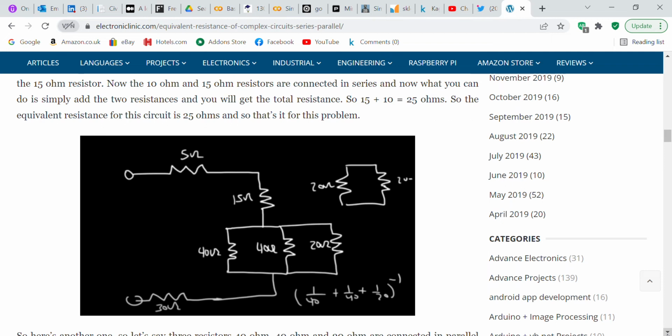And so you've got a 5 ohm resistor and a 15 ohm resistor and a 30 ohm resistor, and this parallel circuit that you have converted to a series resistance. After you have converted this parallel circuit to a series resistance, you calculate the resistance as if it was a series.